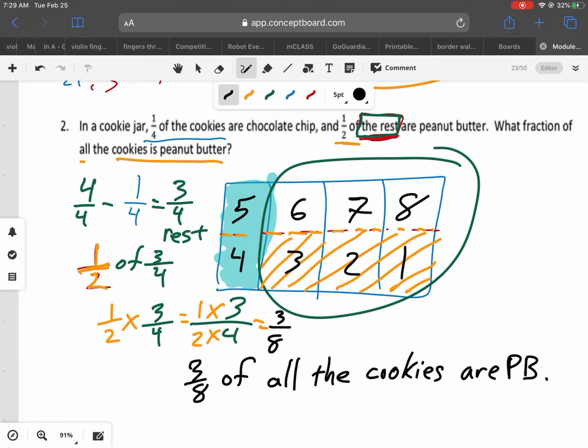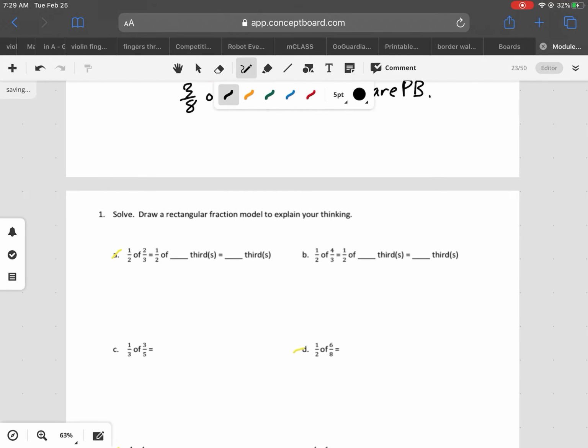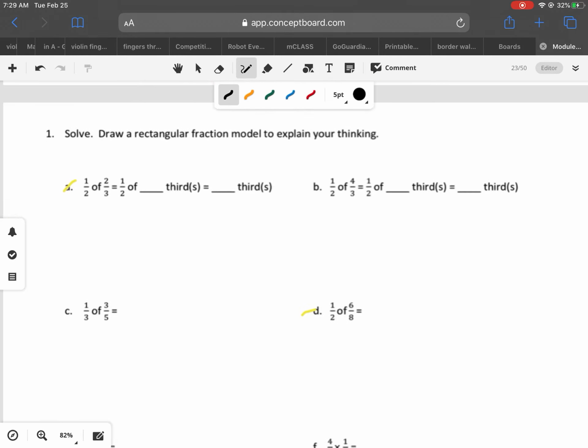Alright? So hopefully you see it in the picture there, that there's 3 shaded in of the rest when we cut it in half. Okay? And that's out of the total of 8. Right? So we didn't use the 1/4, we used the 3/4 because it said of the rest.